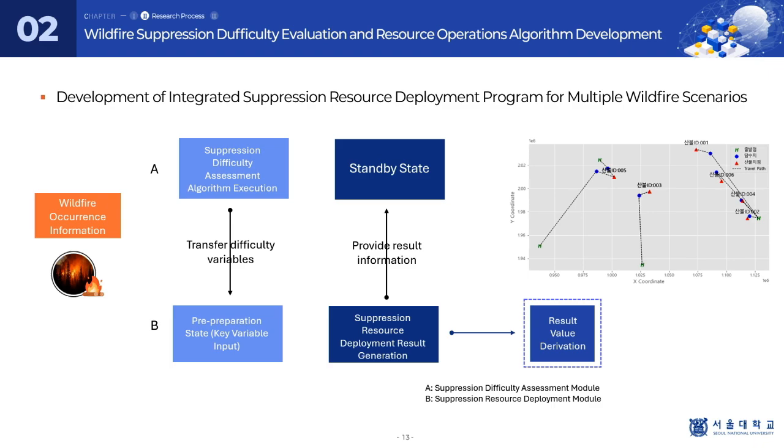Leveraging this capability, we develop strategies for optimal resource deployment. Through this approach, we implemented an algorithm that takes fire information as input, determines suppression difficulty, and generates the most appropriate resource deployment strategy.